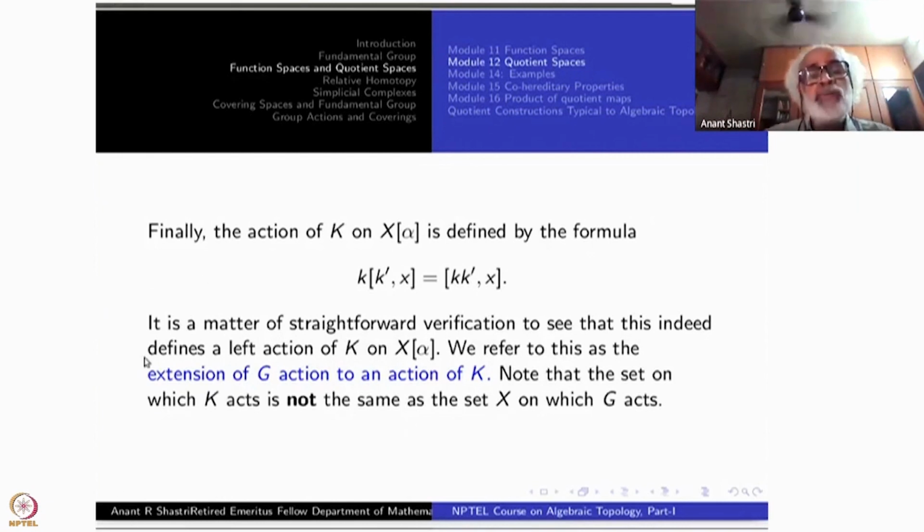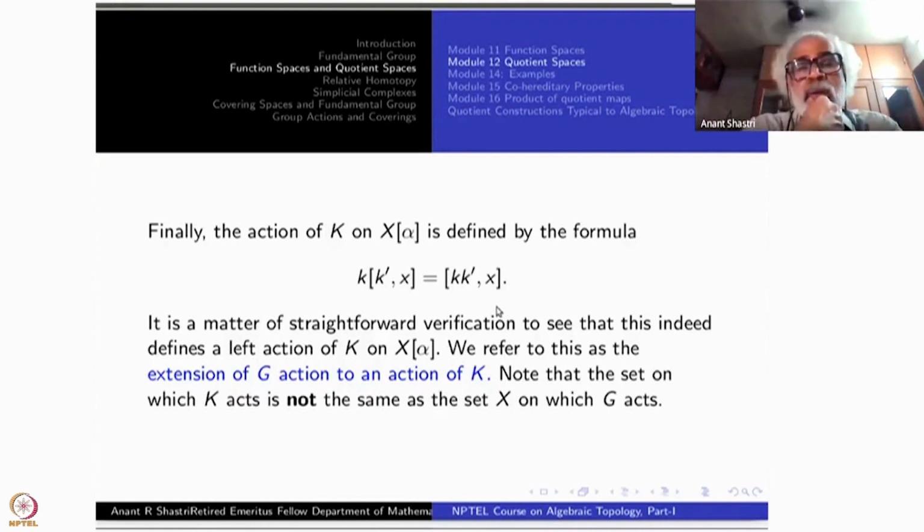Now you can define the action of K on X alpha from the left slot. For every equivalence class, the first slot is from K. Take k prime, comma x. K times that, you just take k k prime, comma x, the class of that.